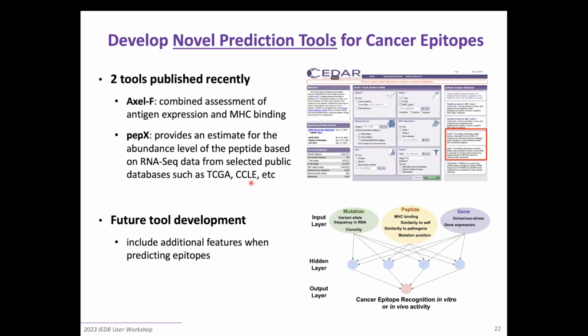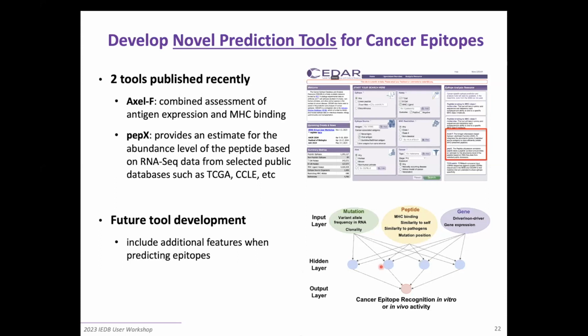So these 2 tools are also highlighted on the CEDAR homepage here at the site if you want to try them out. We also continue to work on developing novel tools. So there are many more features that can be relevant when predicting cancer epitopes. So far we had experimented with the different expression values, but there are other features that can be looked at.